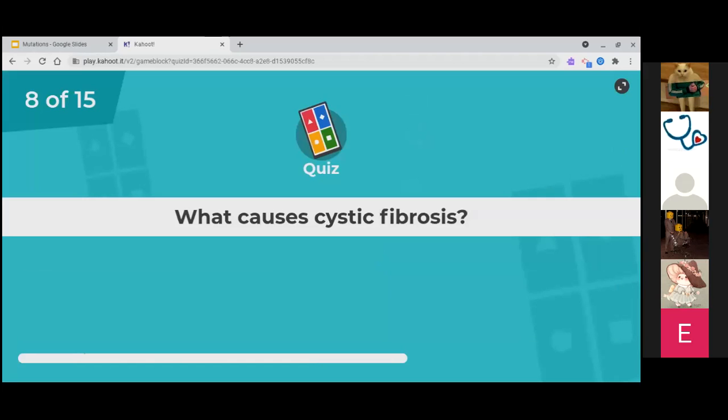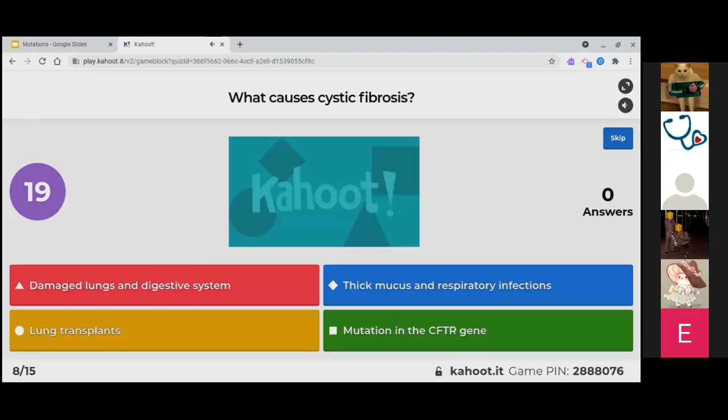And then the next question is, what causes cystic fibrosis? Damaged lungs and digestive system, lung transplants, thick mucus and respiratory infections, or a mutation in the CFTR gene.